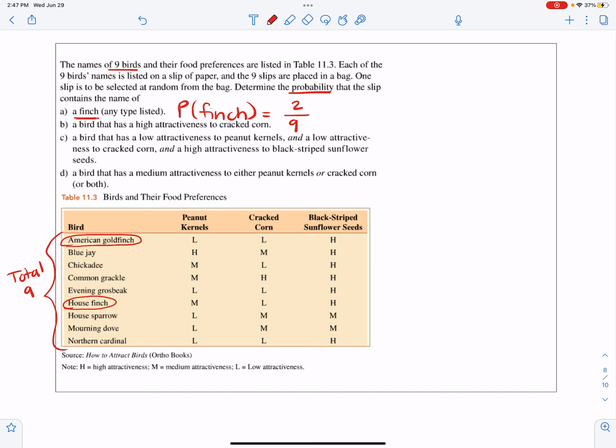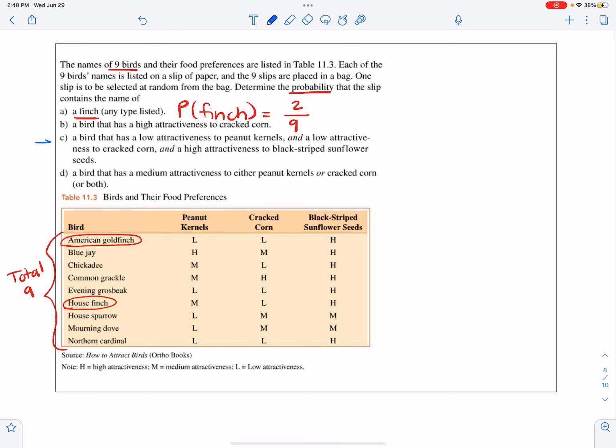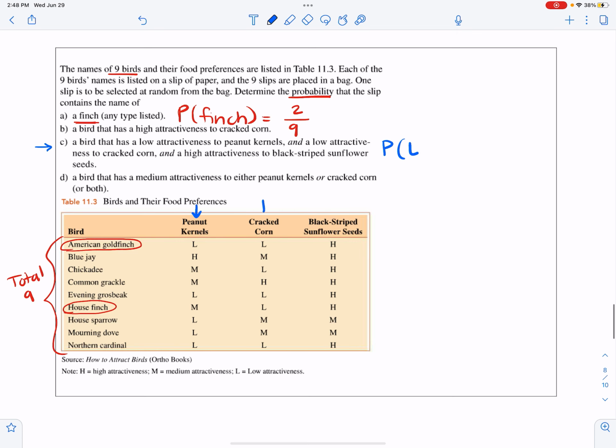All right, now sometimes you might be asked to pull some different things together. So let's skip down here and look at part C. This one now is looking at their food preferences. So it says, find a bird that has a low attractiveness to peanut kernels. That means in this first column, it's going to have a low. And a low attractiveness to cracked corn.